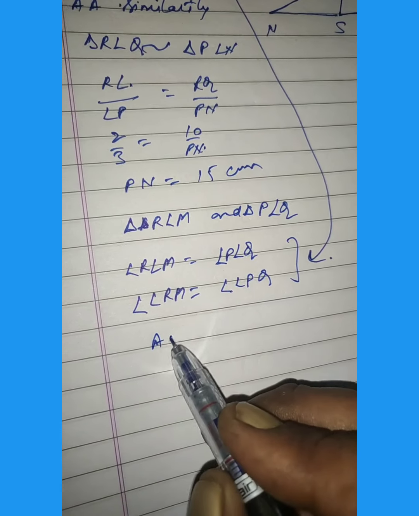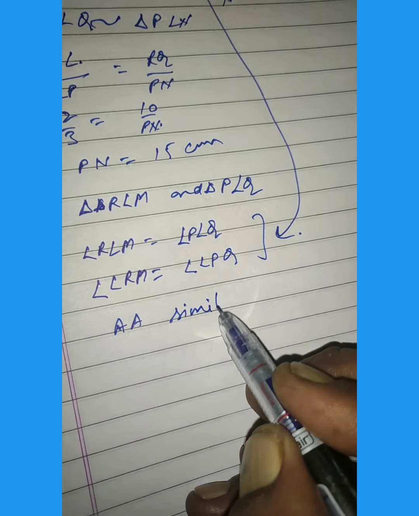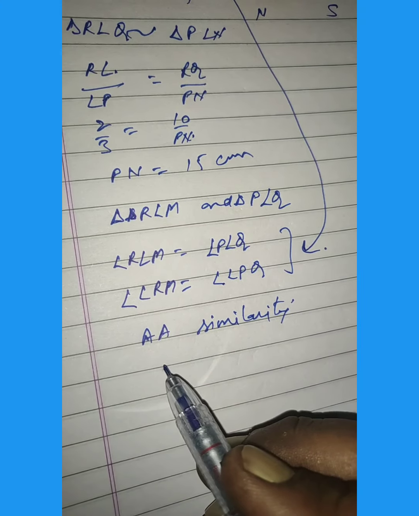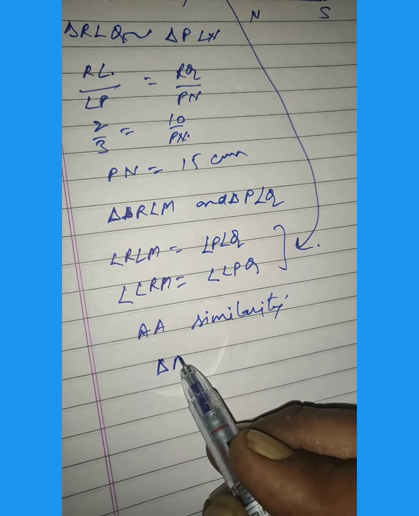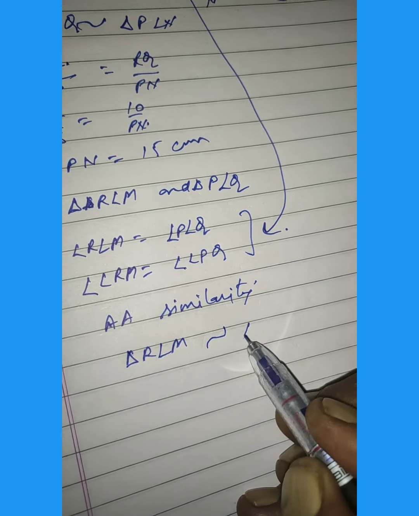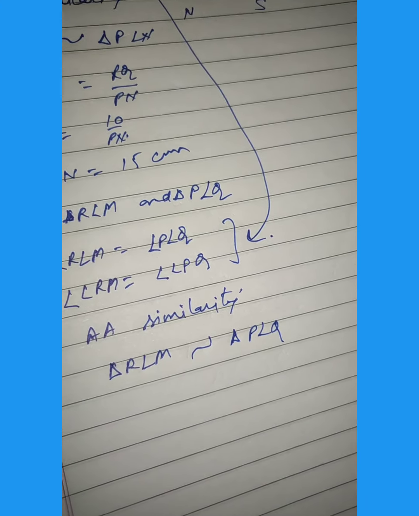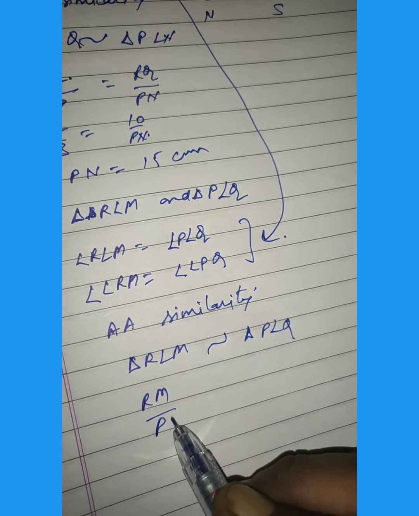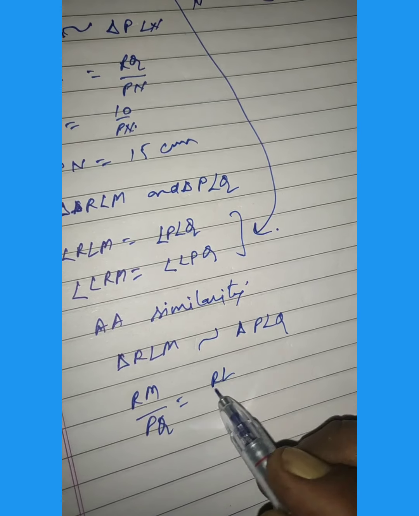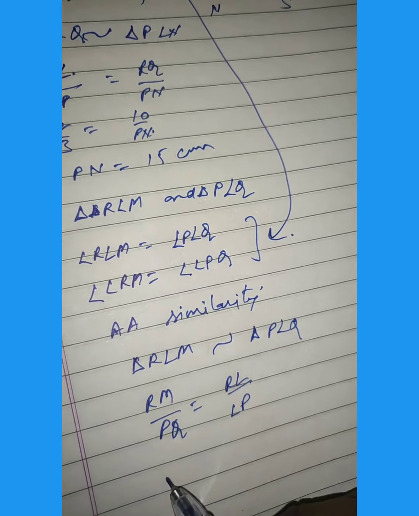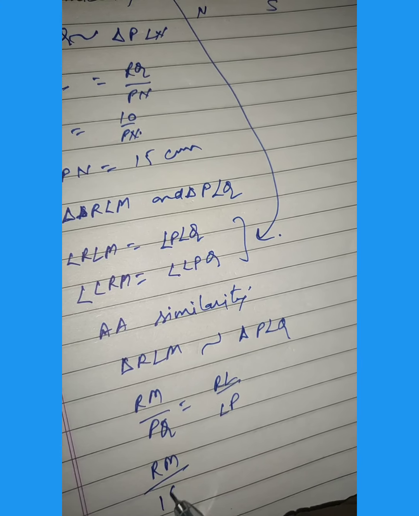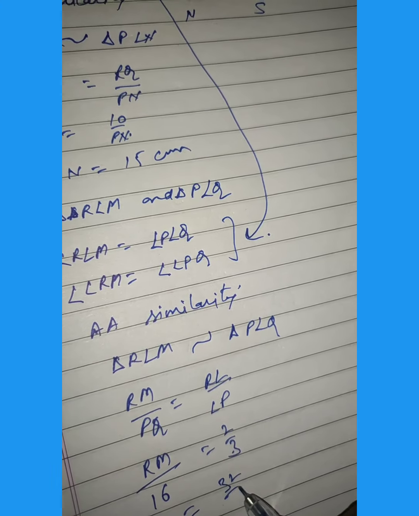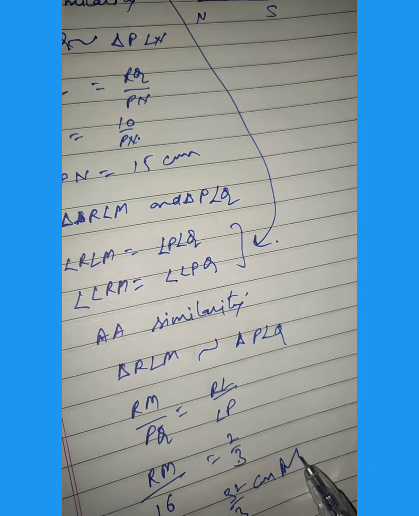So from AA similarity, the two triangles are similar to each other. Triangle RLM is similar to triangle PLQ. So when two triangles are similar, their corresponding sides ratio is equal. RM over PQ is equal to RL over LP. Then fill in the values. PQ is 16, the ratio is 2:3. Then RM is equal to 32 over 3 centimeter. One answer is this one.